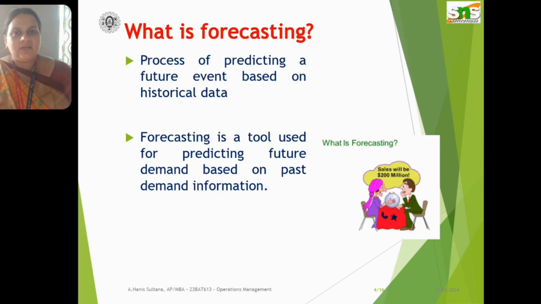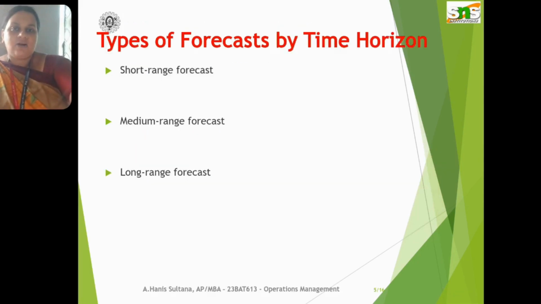Even if you take the transformation process, or products and services, whatever it is, we have to relate with data, and to relate this data we need a past record of events. So we know what forecast is, and we have understood it with the example.